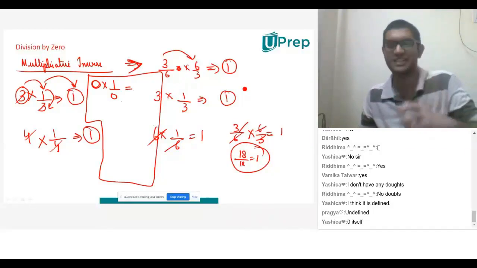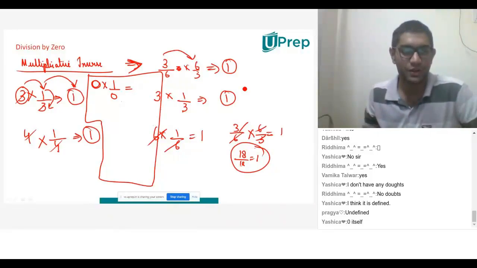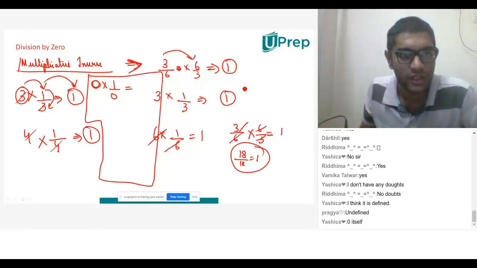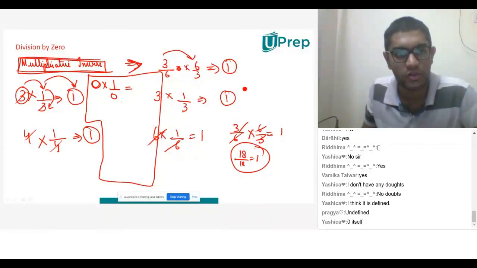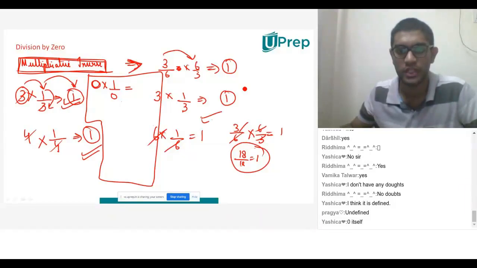Listen. This is where it gets very tricky. Don't worry about it. What was the funda of multiplicative inverse, guys? When we take the multiplicative inverse and multiply it by the given number, the answer was always 1. In each case, we got 1.